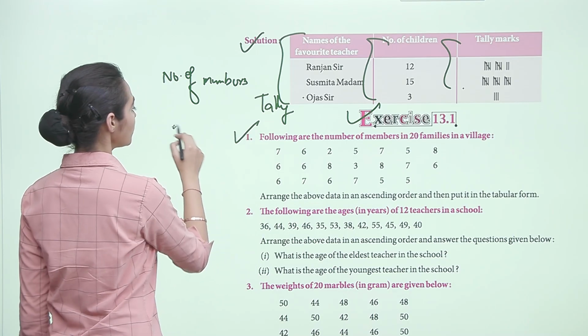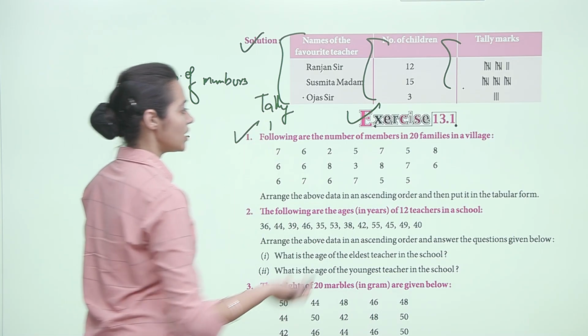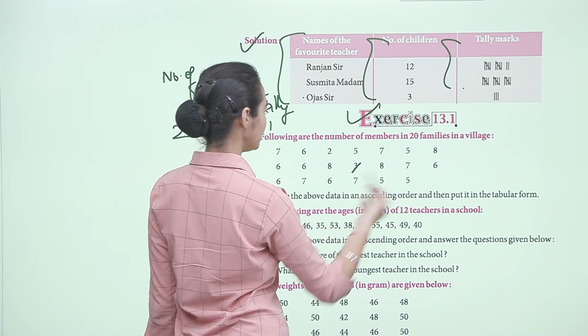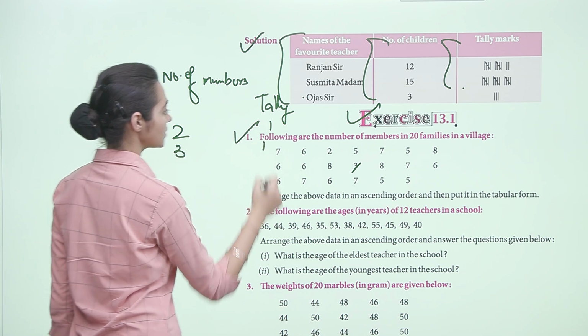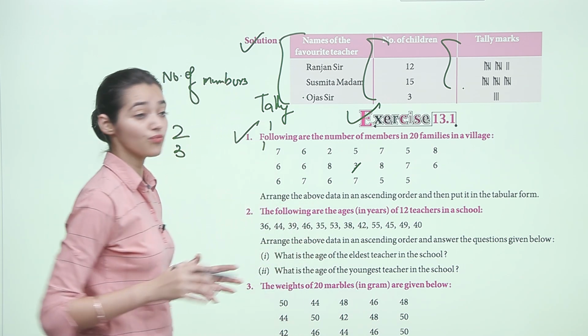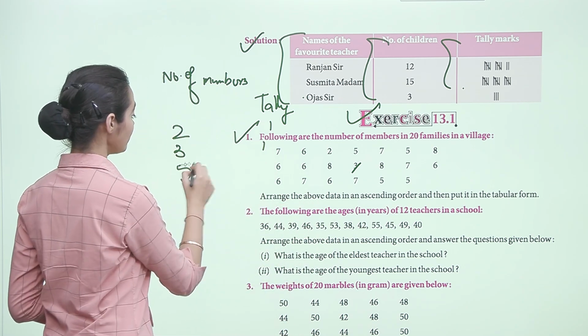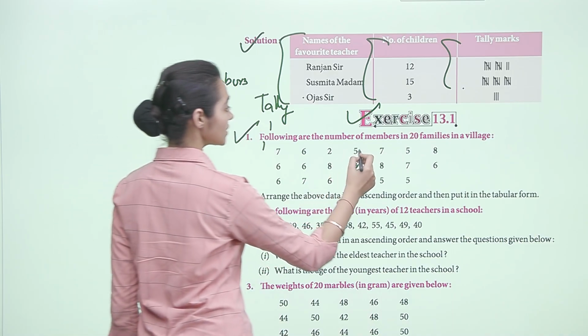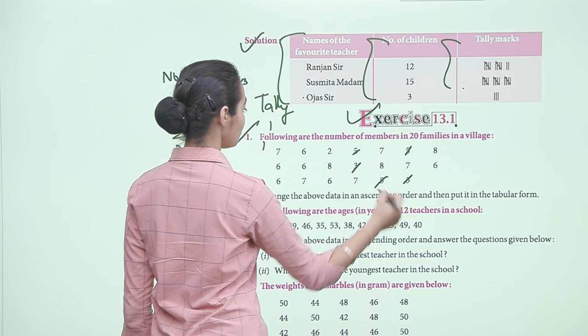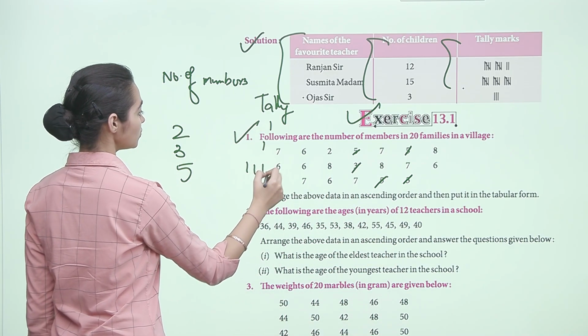So for 2 there is only one tally. For 3 there is only 1 again. For 4 there is no 4. The next number is 5. For 5 there are 4 tallies.